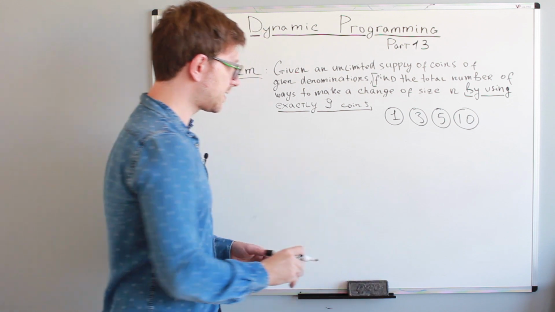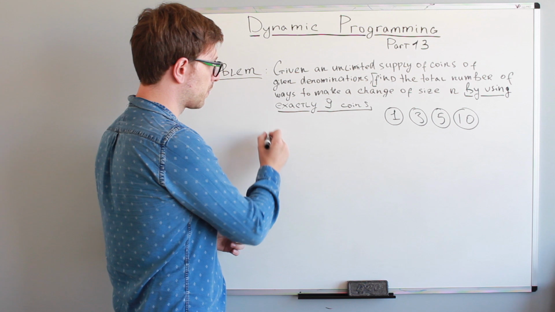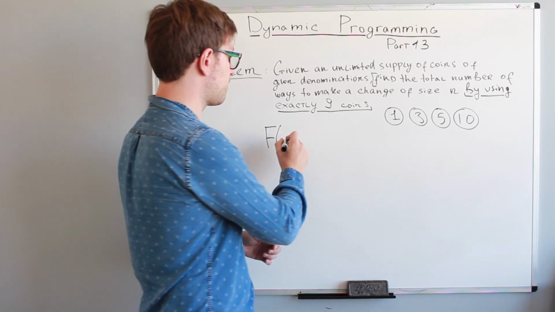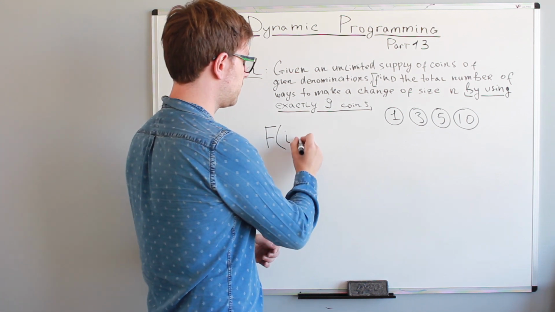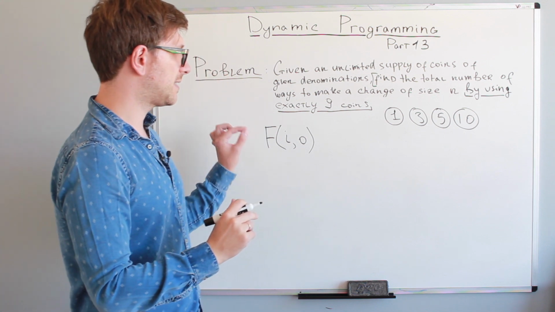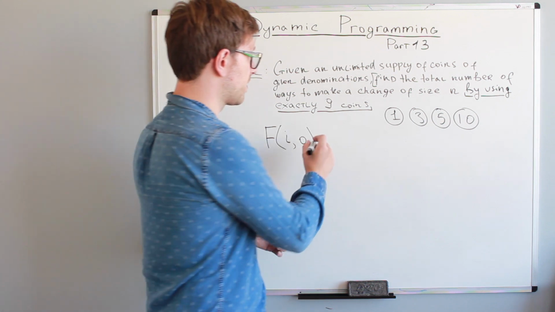Now, the second step is to identify base cases. So let's play with this problem. Let's try to solve f of I by using exactly 0 coins. How many ways to return a change of size I by using exactly 0 coins?